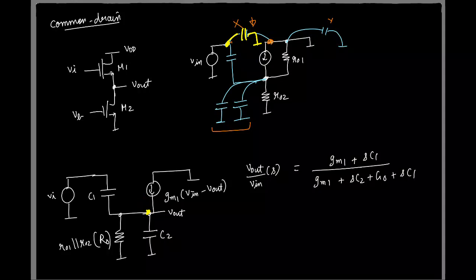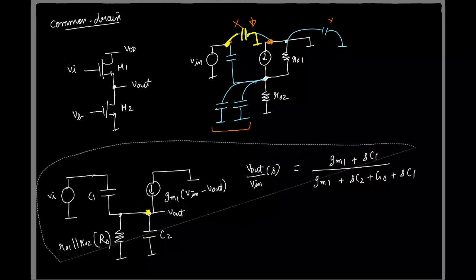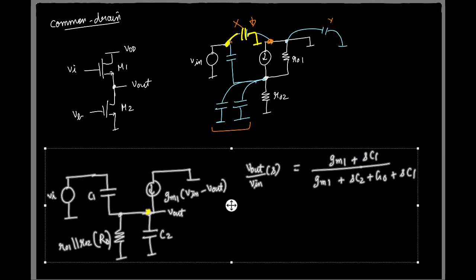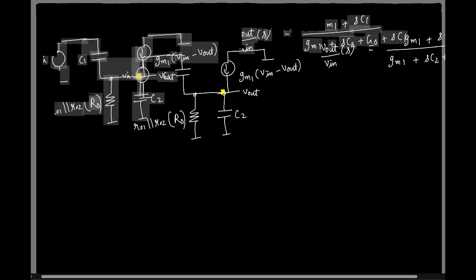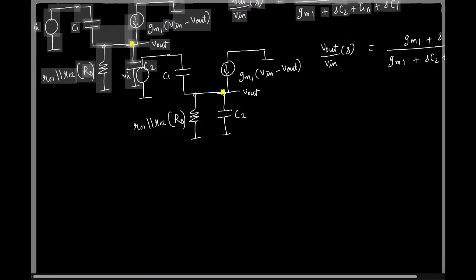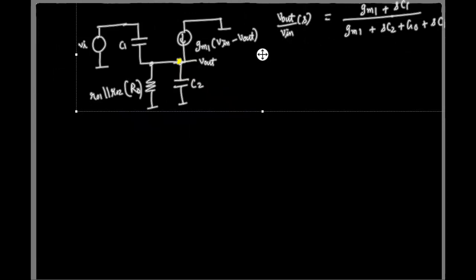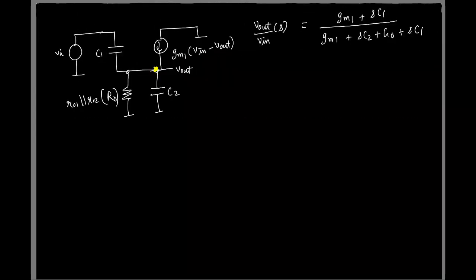Okay, so let me actually take it to next page. Great. Usually the transfer function we write in a standard form, which is of this form, A0 times 1 plus S by Z1 times. Similarly, at the denominator, we separate out the poles and write.